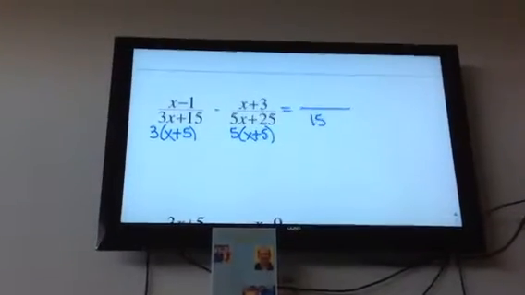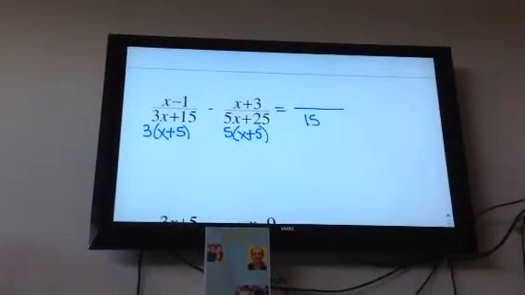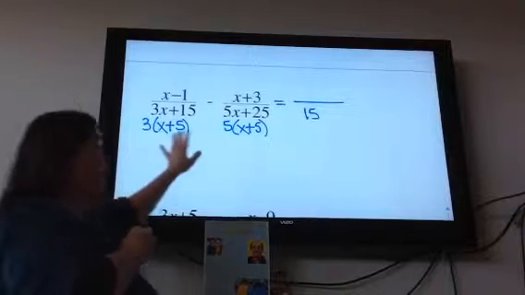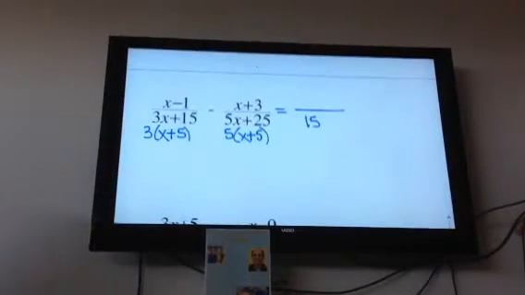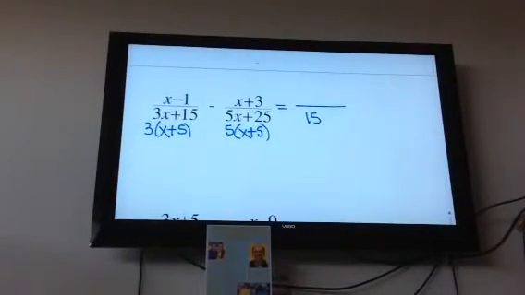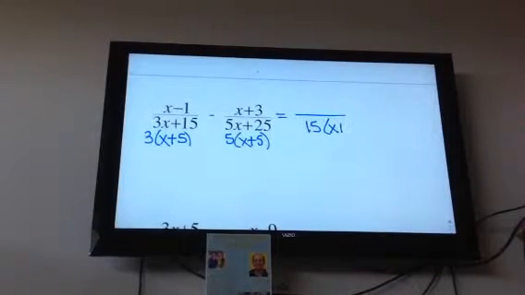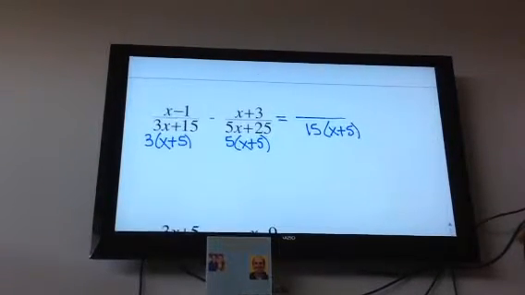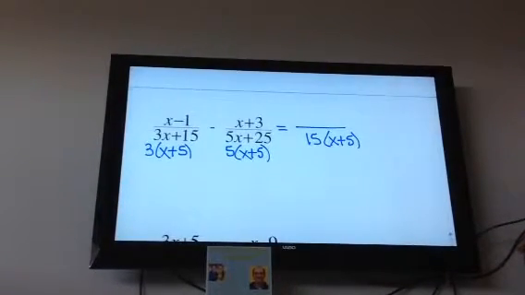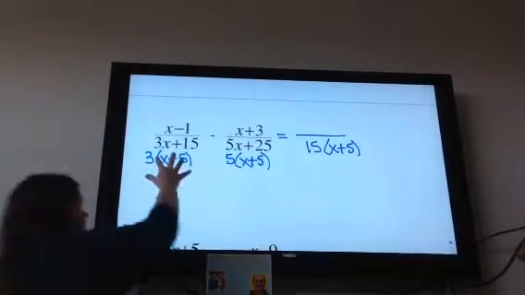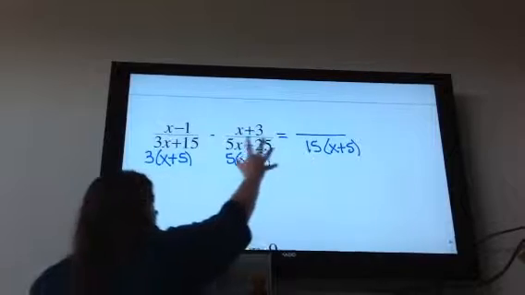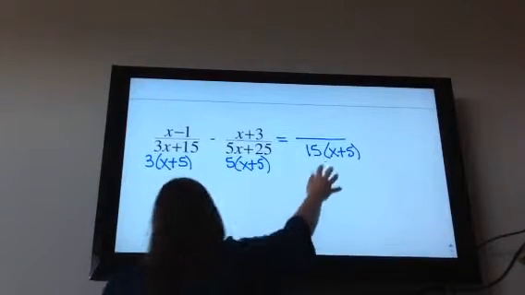So 15. Then each of them have an x plus 5. So I need to make sure I have an x plus 5 in my common denominator. I only need to write it once. I do not need it twice, because this is a factor of that or divides into it.